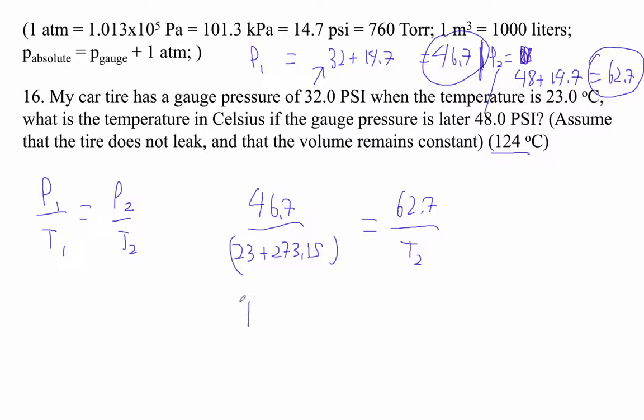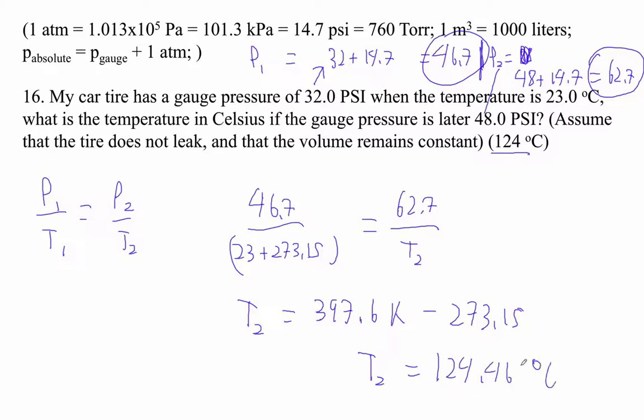And I get that T2 is 397.6 kelvins, right? Minus 273.15. We need to get Celsius. And I get T2 is equal to 124.46 degrees Celsius. There we go.